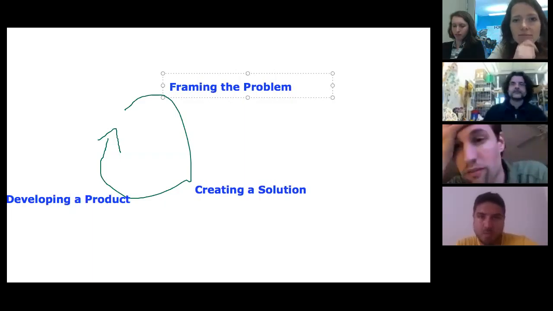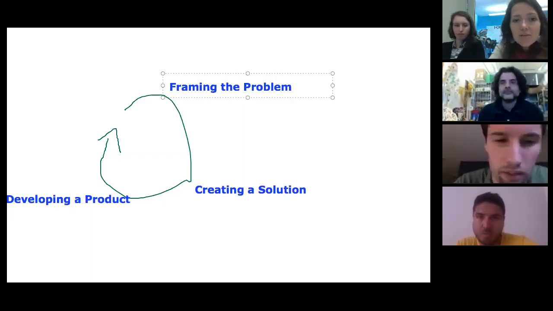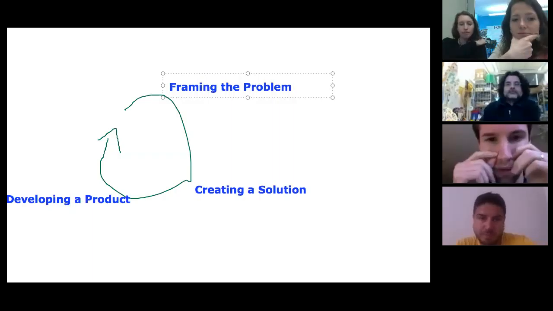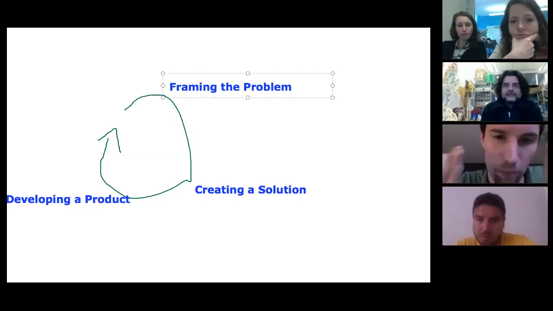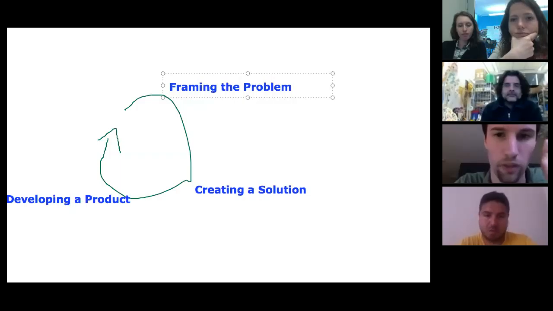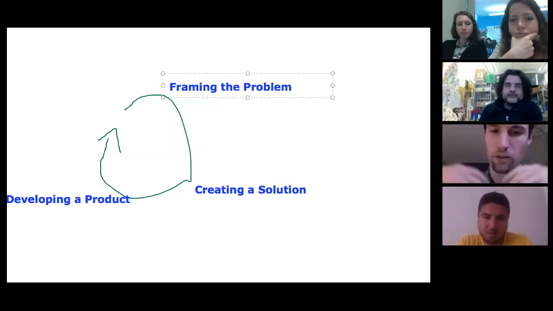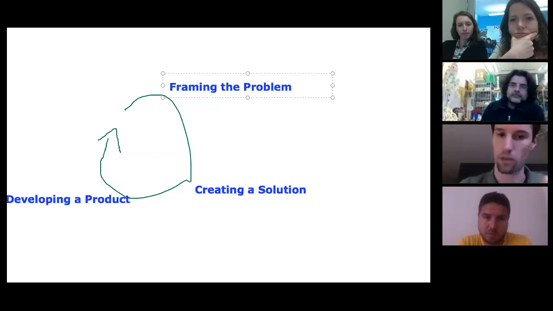Can I ask a clarifying question? Yeah. So you've drawn a cycle, where we frame the problem. That's usually the first couple days or week of a summit. We're finding a design challenge, and then there's idea generation and choosing an idea, and then there's prototyping an idea.